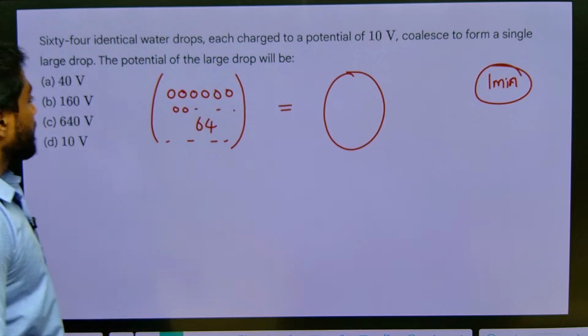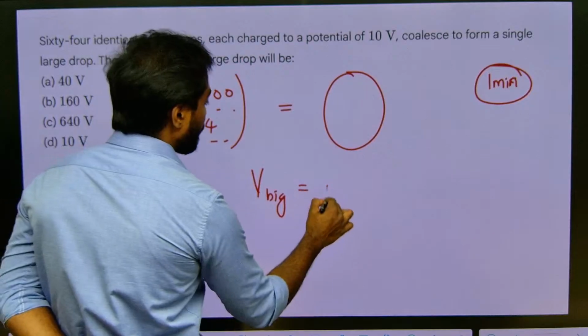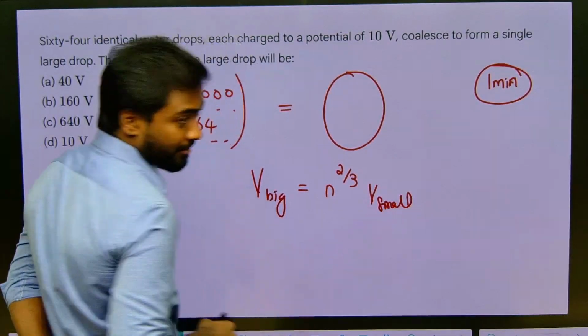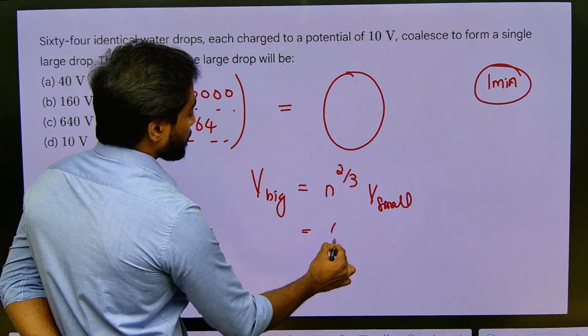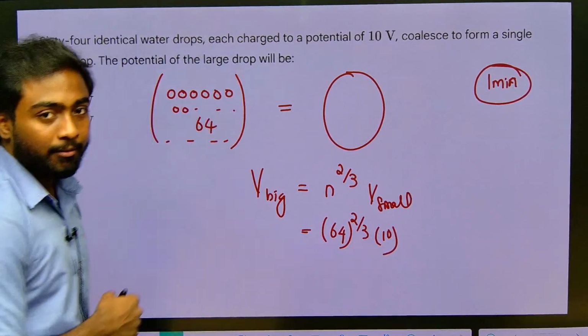So V big will be equal to n power 2 by 3 times V small, right? So what is n here? 64. So 64 power 2 by 3 times 10, the potential is 10, okay?